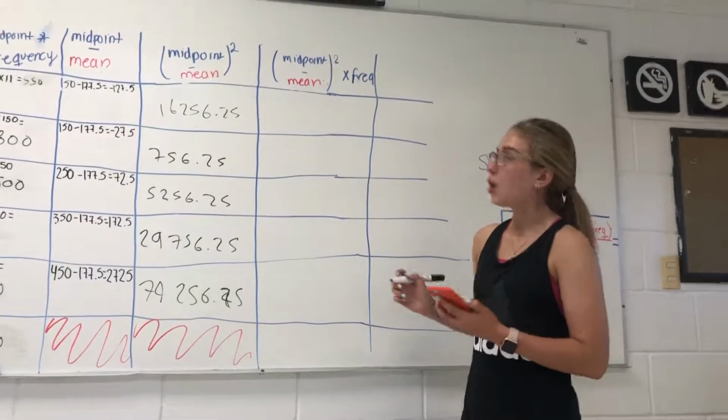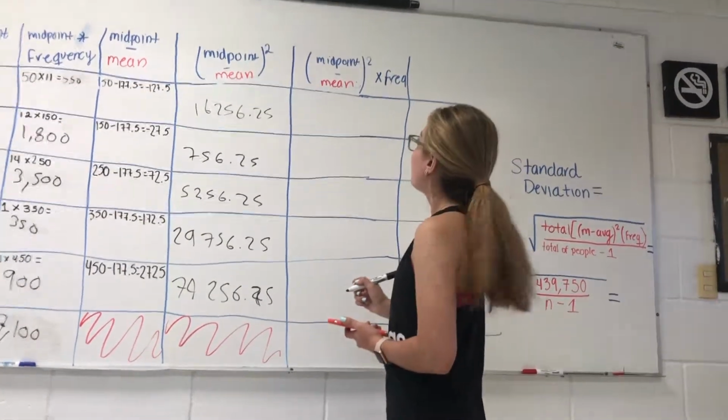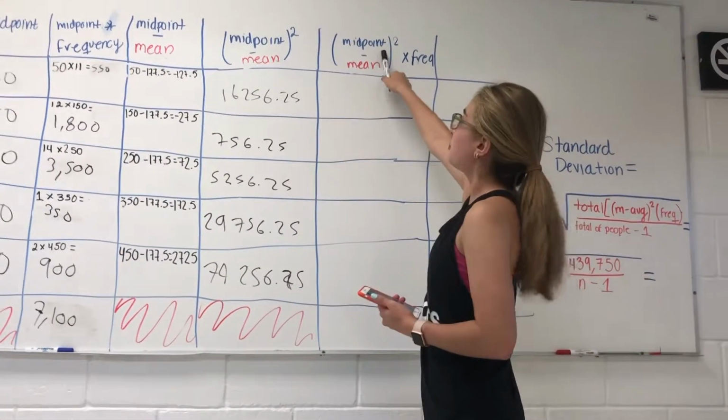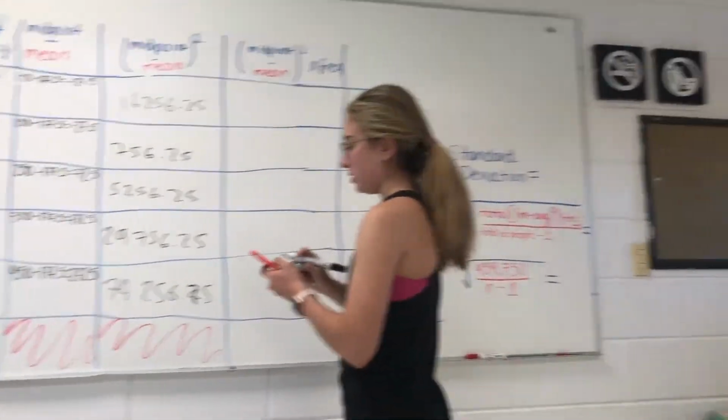For the next step, we are going to get the midpoint minus the mean squared times the frequency, as we have it here. So we'll start.